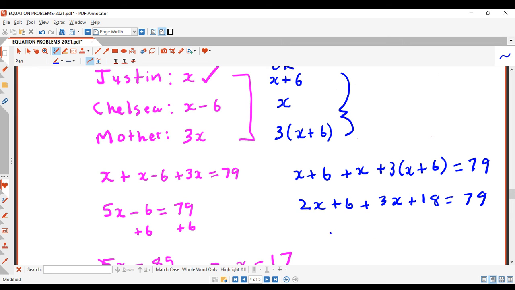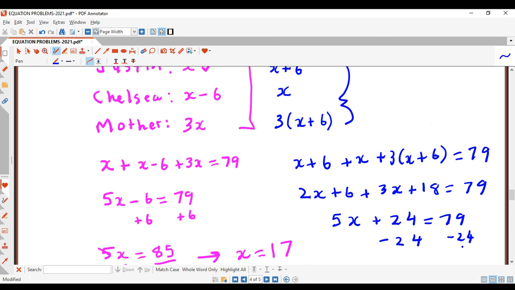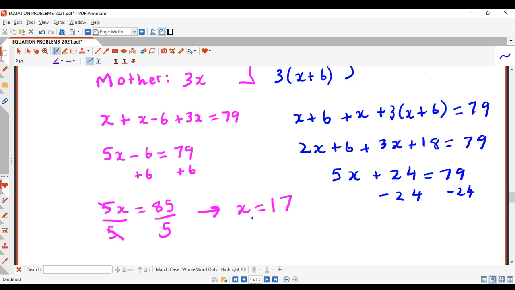And then I've got 2x and 3x is 5x plus 24 is equal to 79. So minus 24 from both sides. And you should get 5x is equal to 55. And then dividing by 5, you're going to get x equals 11.